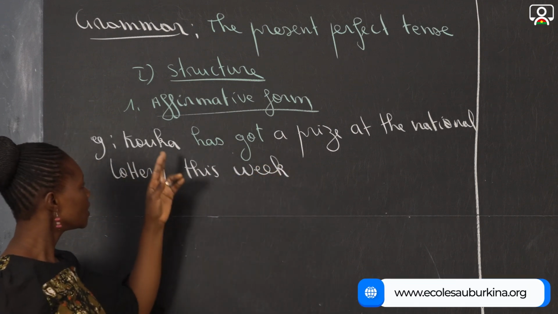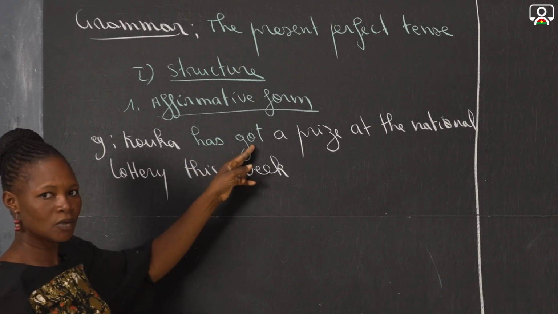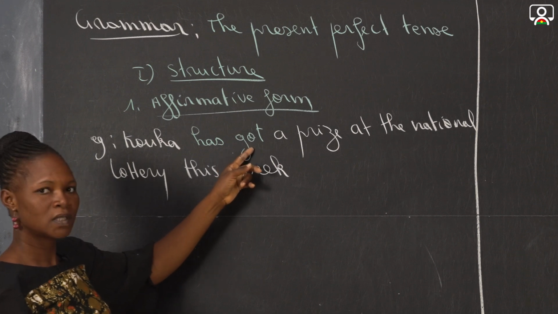Here you see we have the auxiliary to have, and got is the past participle of the verb to get.